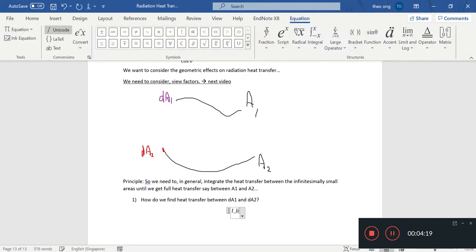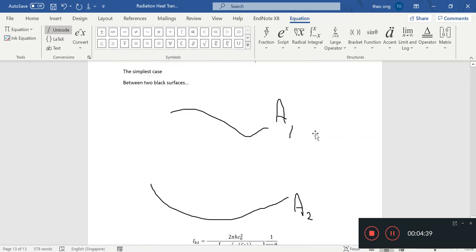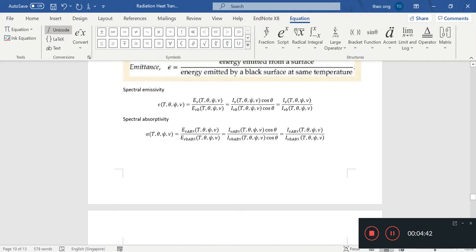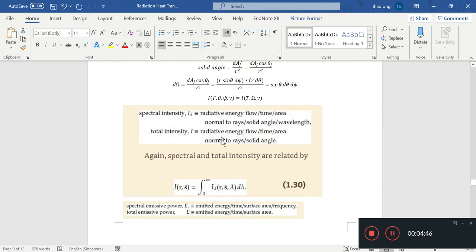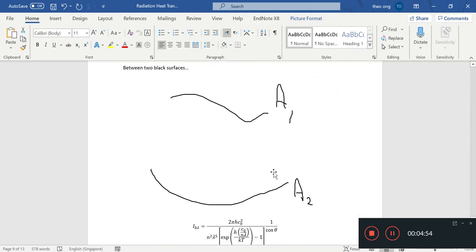Intensity of the black body equals power output per solid angle times the normal area. That should be about it, I think. Let's take a look at our definitions again. Yes, radiative energy flow per time: this is power per area normal to the rays per solid angle.